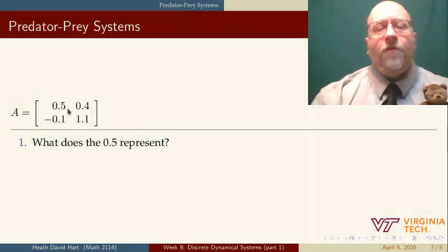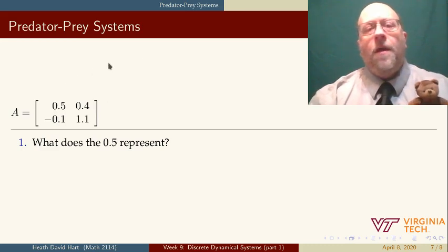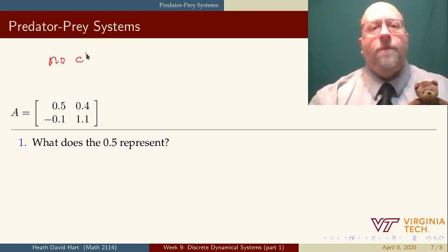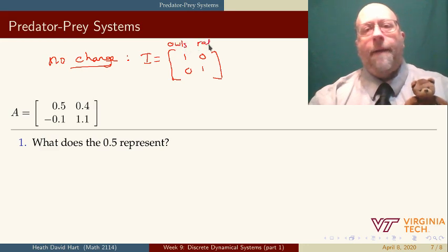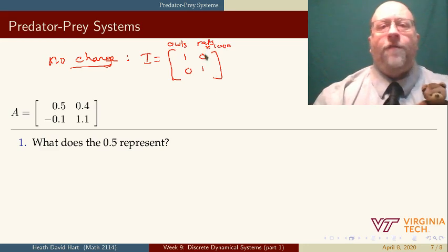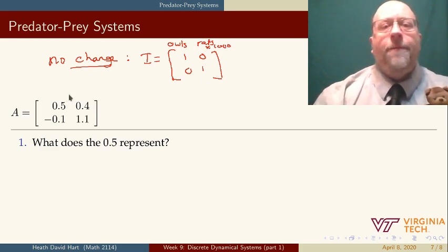What do these numbers represent? A matrix that represents no change is the identity matrix. Again, rats are multiplied by 1,000 in this example.